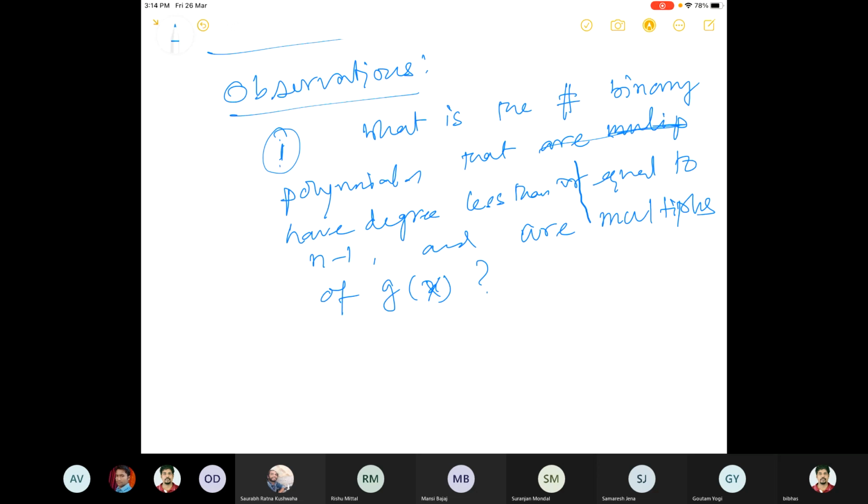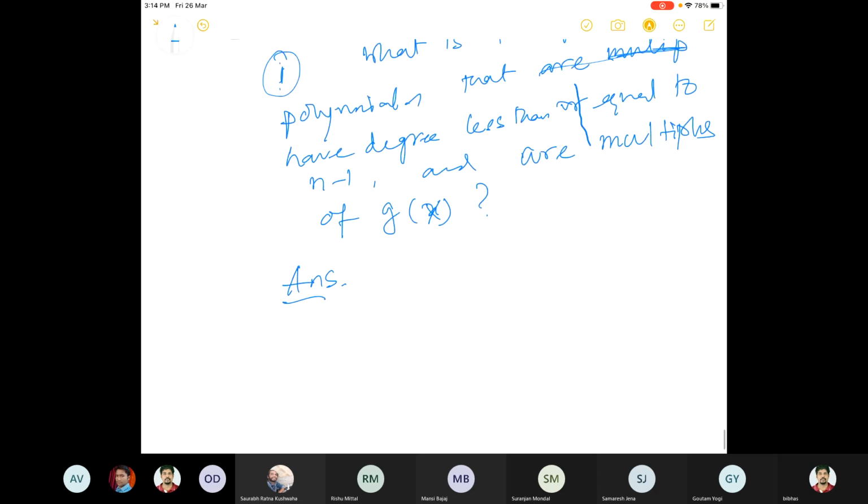What's the answer? In order to answer this question, 2 to the power n minus 1 minus r. Very close. Anybody else? Pretty close, but anybody else?